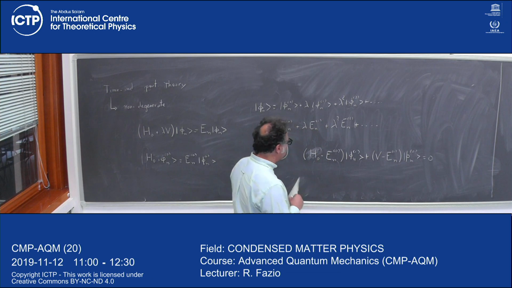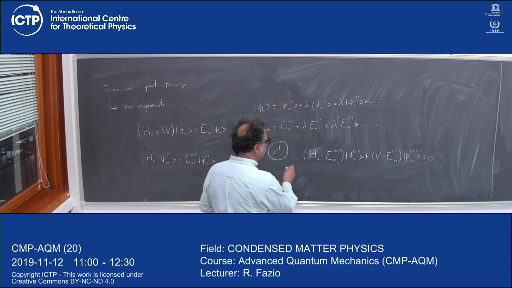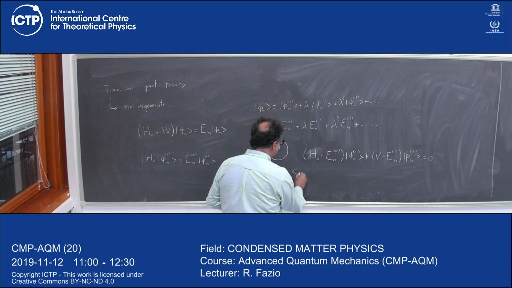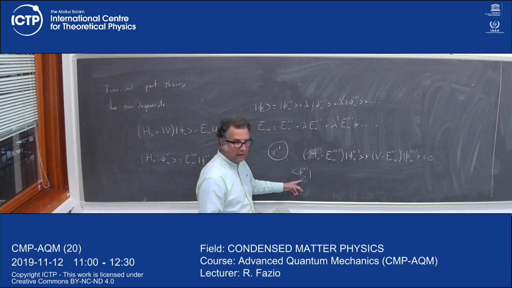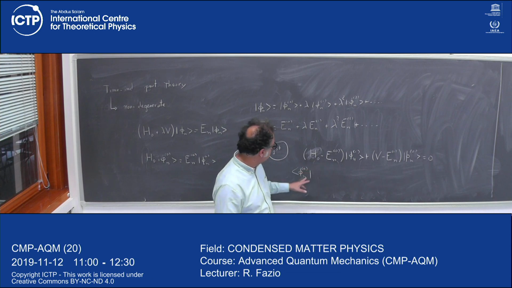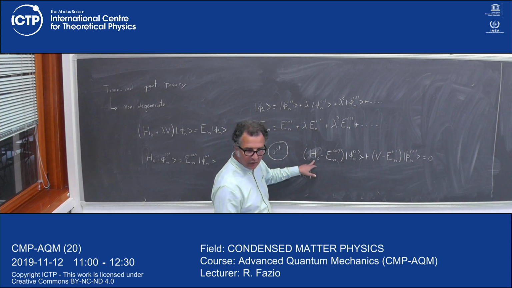So we just multiply from the left with phi 0n, the same n. Okay? So now you see that this becomes 0 because this is an eigenstate of H0 with eigenvalue E0n. So here you get E0n minus E0n is 0.